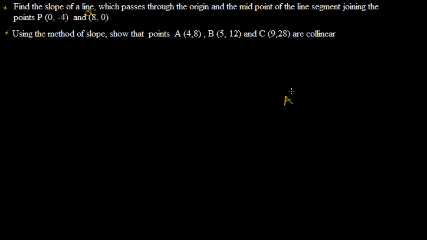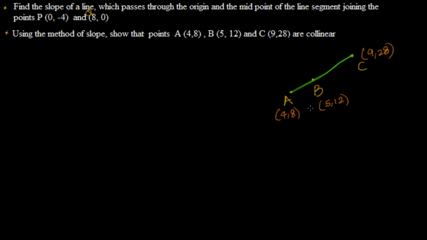We'll say this is point A, then we have point B here, and then we have point C here. So (4, 8), (5, 12), and (9, 28). That's a straight line we are talking about, and we have the coordinates. A is (4, 8), B is (5, 12), C is (9, 28).